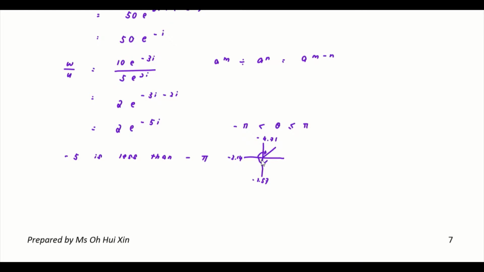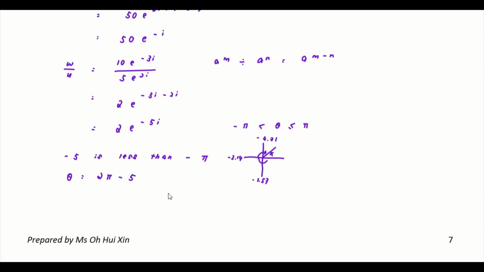So for me to find the argument for the same position vector, it is going to be here. How can I find this? I can take the 5 here and use 2 pi minus 5 to get the theta that I want. So theta will be equal to 2 pi minus 5.